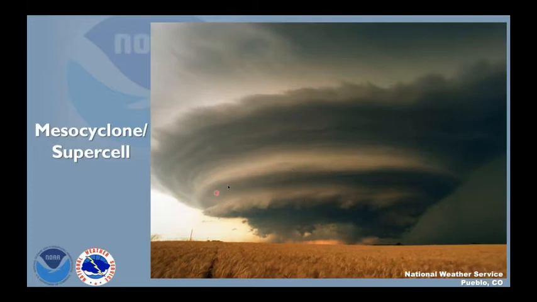This is a beautiful supercell, but you can see it's rotating counterclockwise, and sure thing, directly below it there's kind of a rain-free area right below the storm. That's where the updraft is, and then behind it, this dark and ominous looking area, that's where the downdraft is.